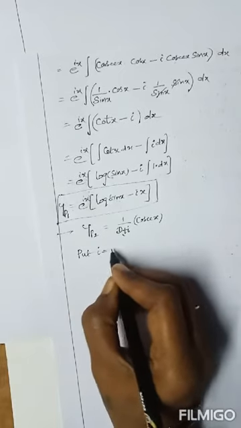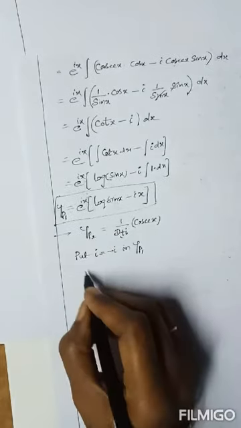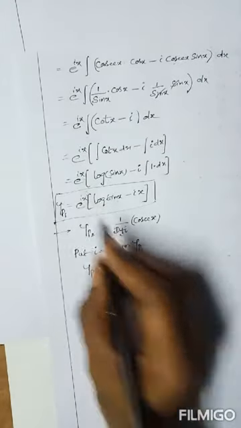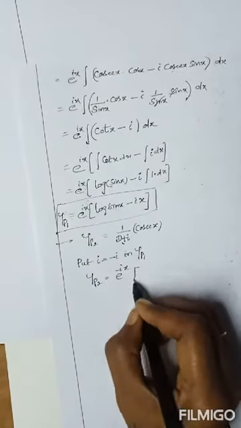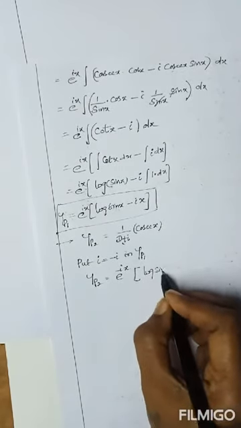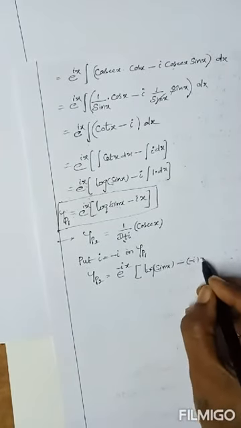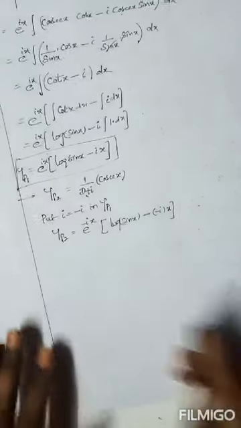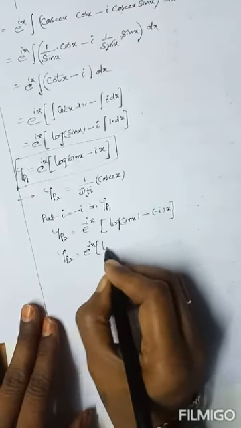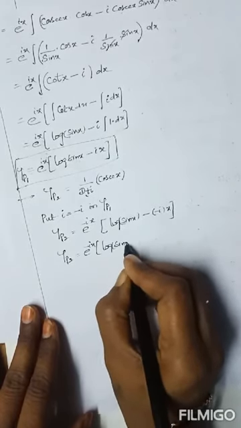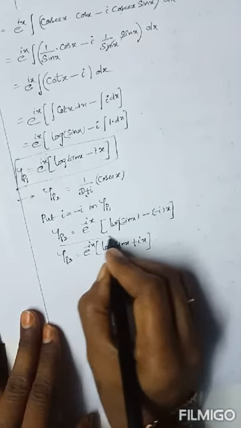So yp2 equals e to the power of minus ix, in place of i minus i, log of sin x, minus, in place of i minus i, into x. That's it, no need to calculate anything. yp2 equals e power minus ix log of sin x plus ix. This is the value of yp2.